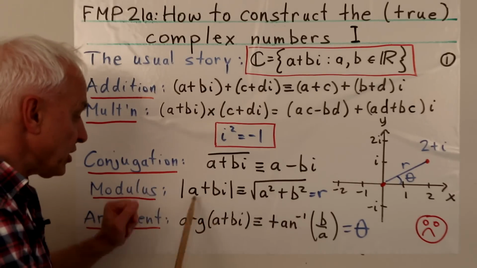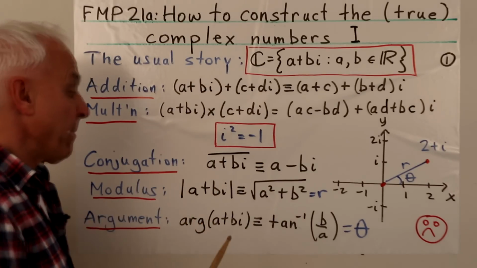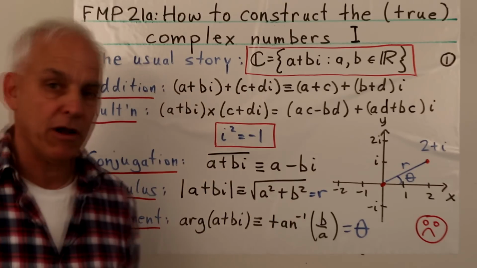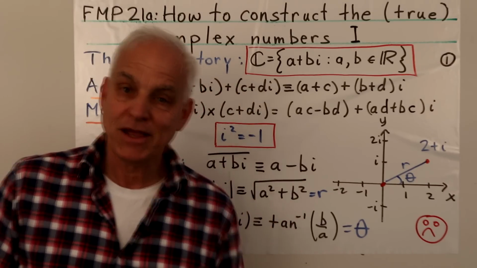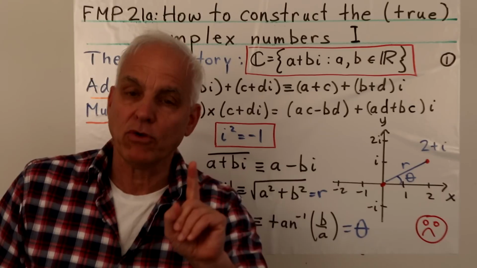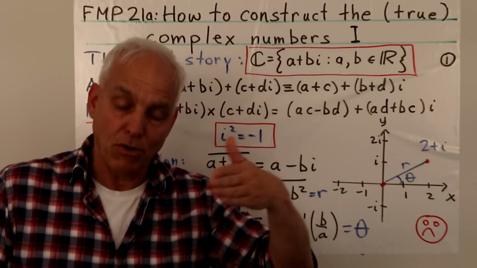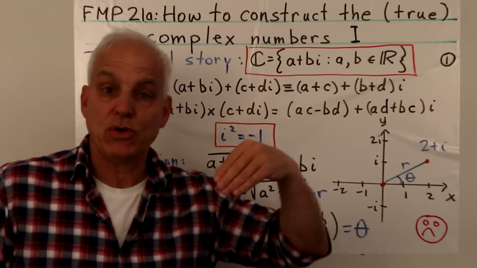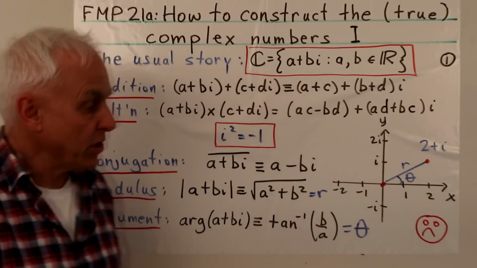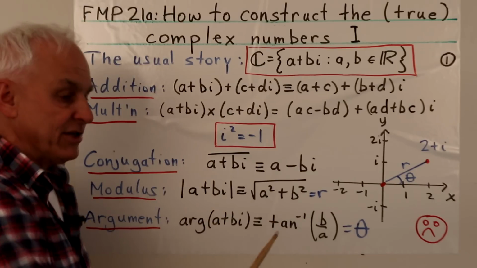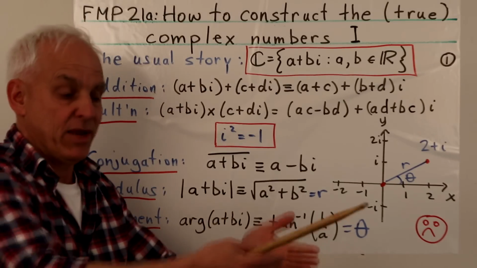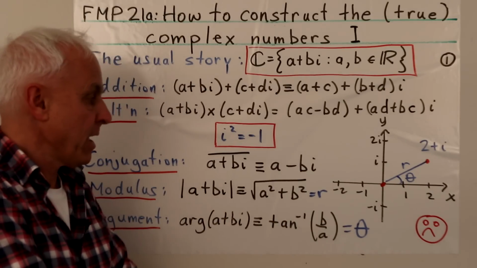So the modulus of a plus bi is the real number square root of a squared plus b squared. So it involves crucially a square root, which is an infinite operation in general, not always, but most of the time, an infinite operation that you can't actually complete. So we usually invoke some symbolics to try to represent this thing that we can't actually write down.